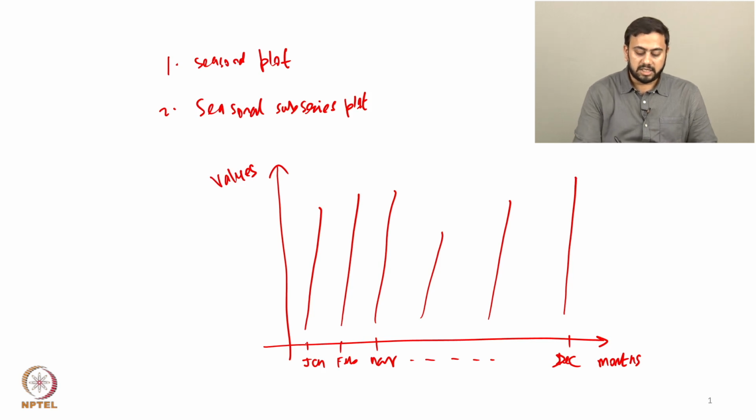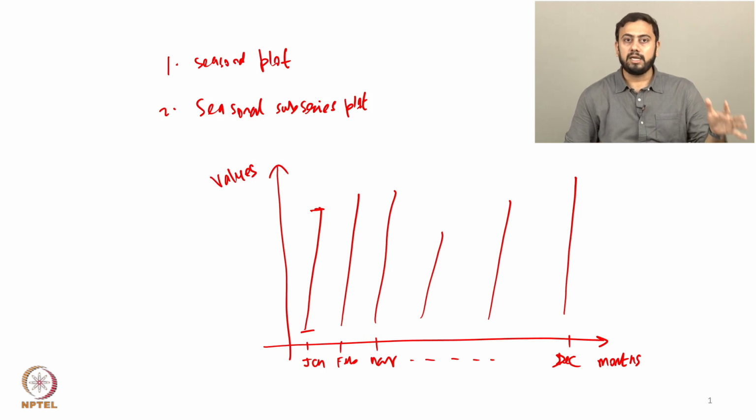For example January: let's say this is the minimum value across all the years in January and this is possibly the maximum value across all the years in January. If you remember the airline passengers data, it ranged from 1949 to 1960. If you look at the number of airline passengers who travelled in January in each of the years from 1949 to 1960, this is the extent of that line plot.